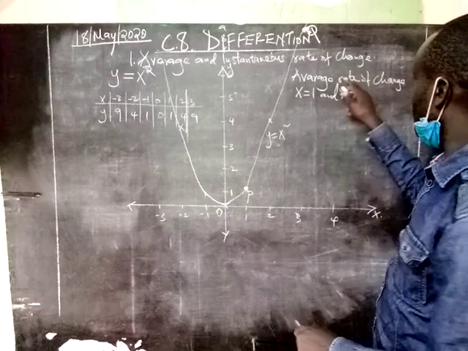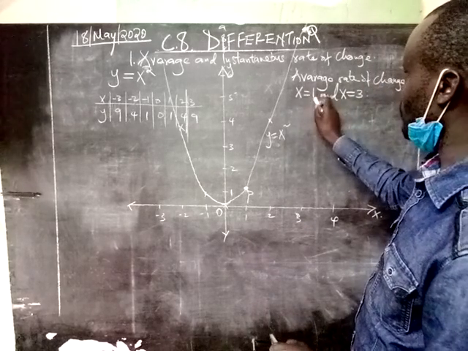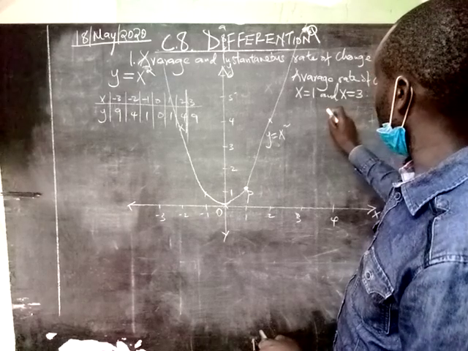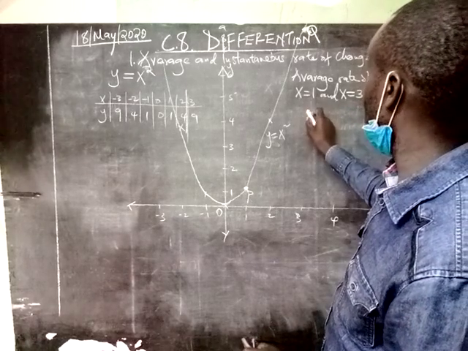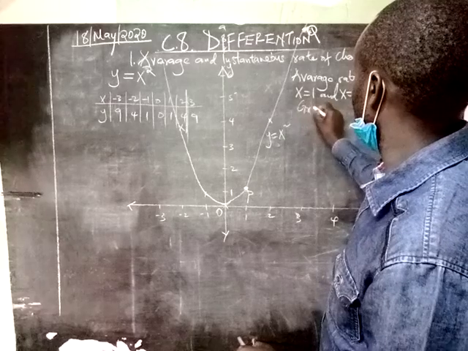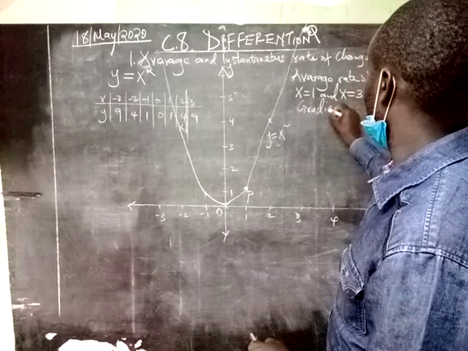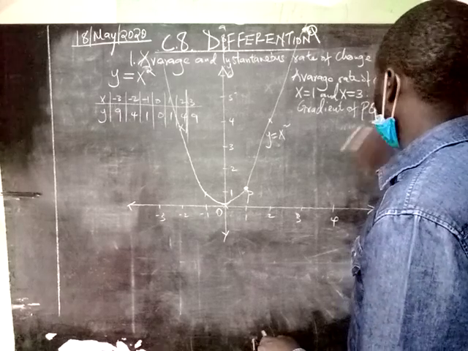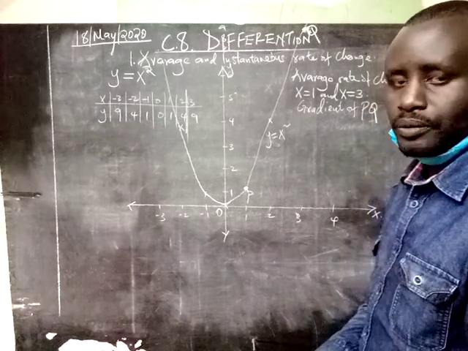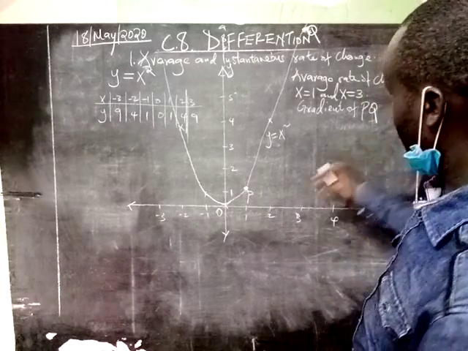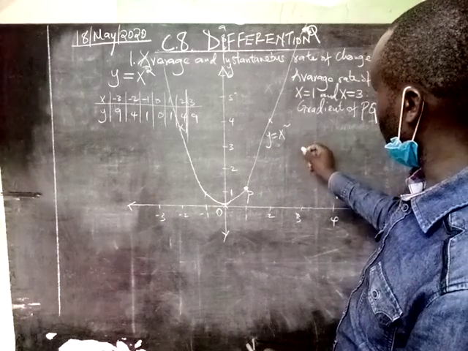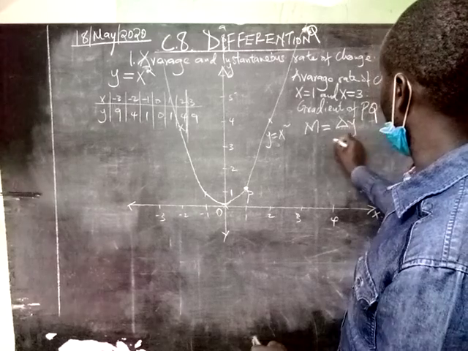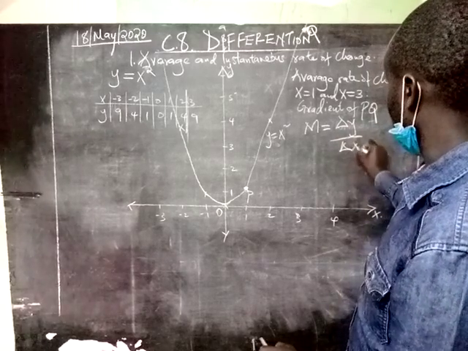We want to find the average rate of change between x equals 1 and x equals 3. So this means we are going to get the gradient of PQ. We know gradient is change in y over change in x.